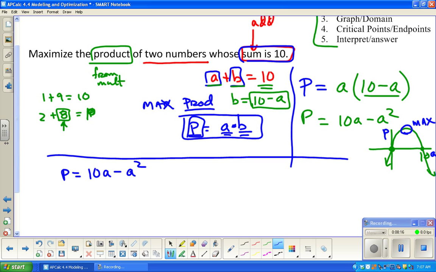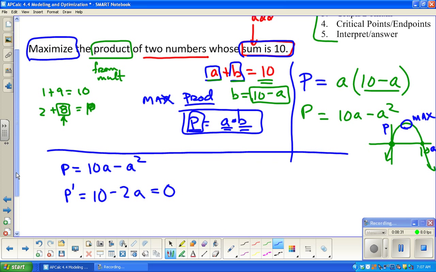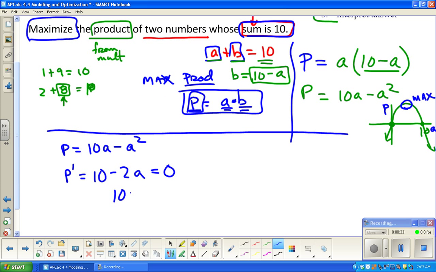I want to maximize the product, so I want to find the maximum. So I'm going to find the critical points. P prime is 10 minus 2A. Critical points happen where the derivative is equal to 0 or undefined or doesn't exist for some other reason. 10 equals 2A, A equals 5. So that's one of the numbers, 5.